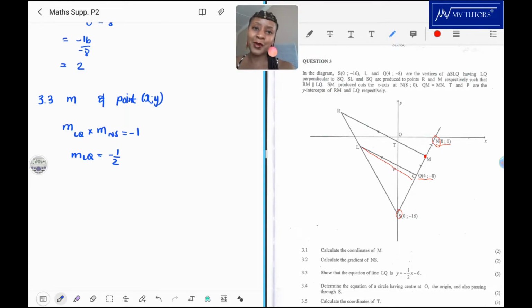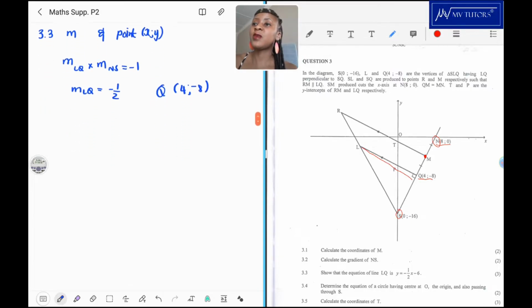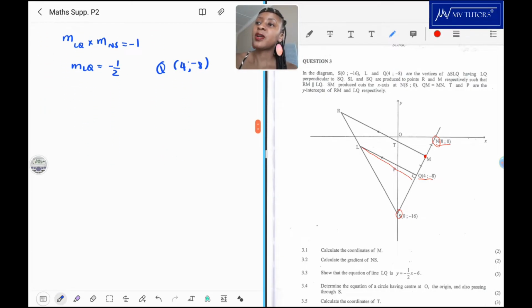Currently, we only have the point Q. So you can't use any other point unless you worked it out somewhere. But Q is what we're going with, and Q is (4, negative 8). So in the equation y equals mx plus c, y, when we substitute that point, is going to be negative 8.